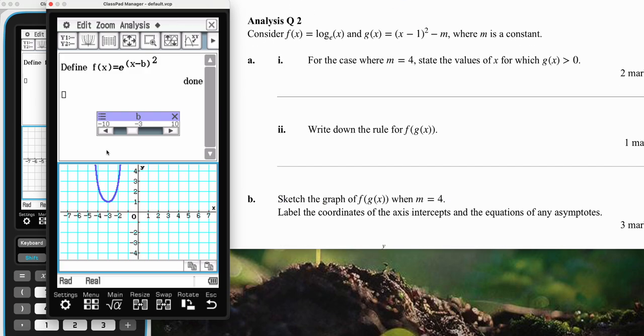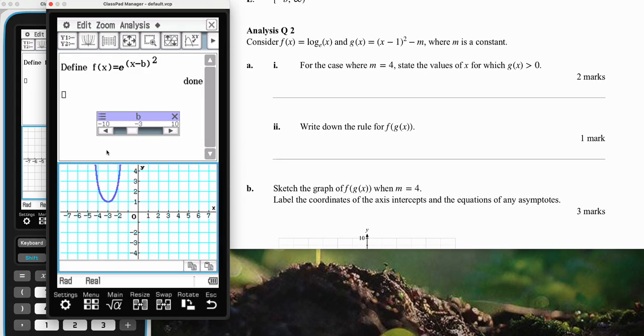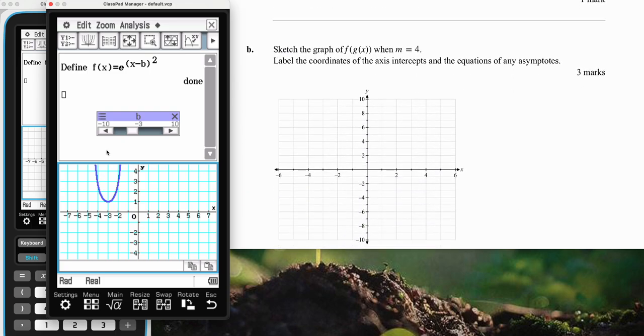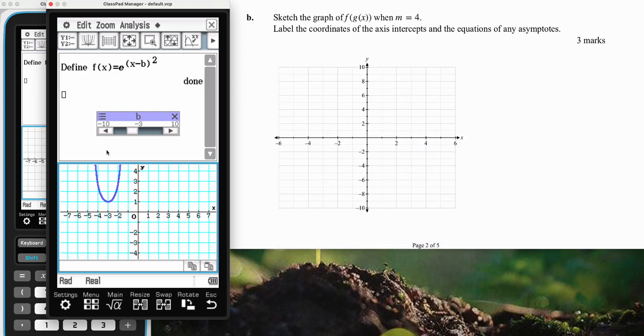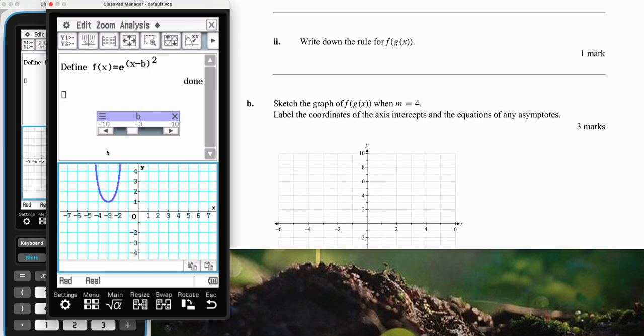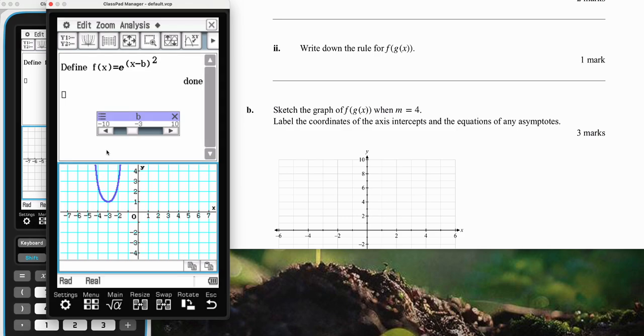Okay, let's have a go at this question. I think parts 1 and 2 are not too difficult. What I wanted to do was to get into part B, the graph sketching. And I think this question is the one where that vertical line will be an issue. So I'm just going to find the answer to part 2, and then we'll do the graph sketching from there. I think it was -4.